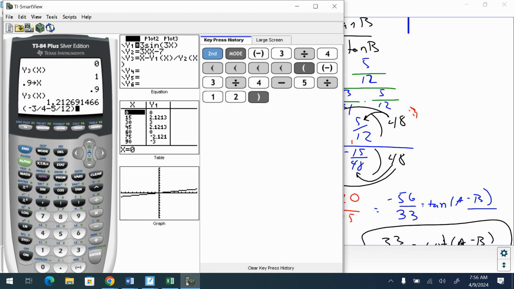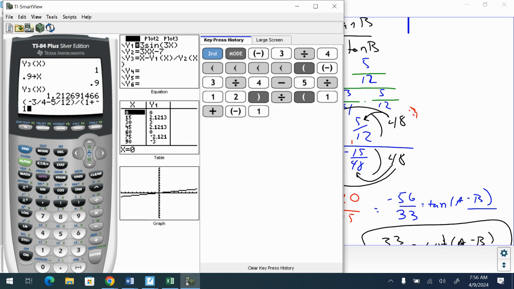Divide this by 1 plus a -15 divided by 48. Quantity 1 plus -15 divided by 48. Or you can also write it as minus. Okay, do not hit your enter sign yet. Does anybody have problems getting that typed in?